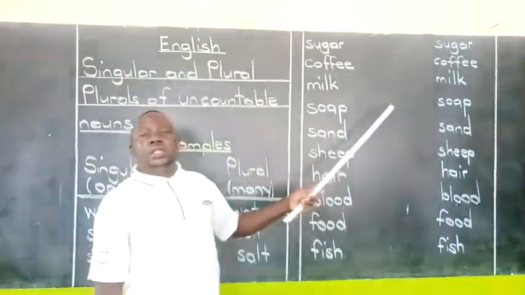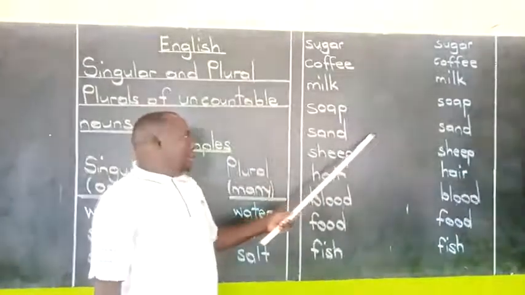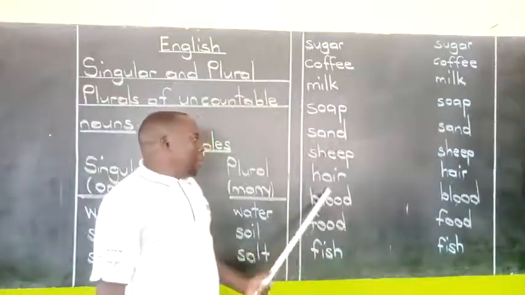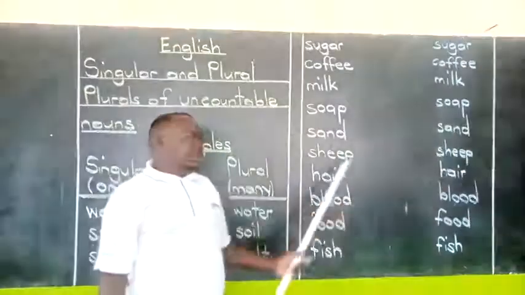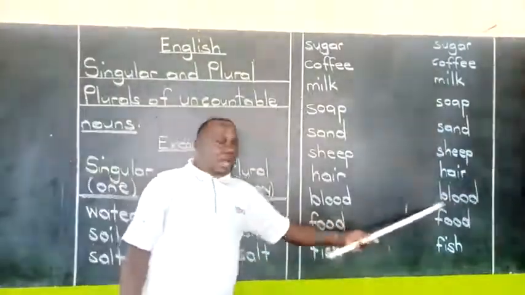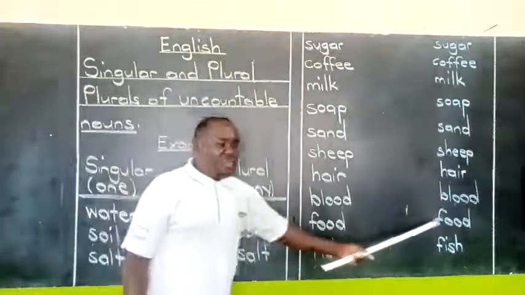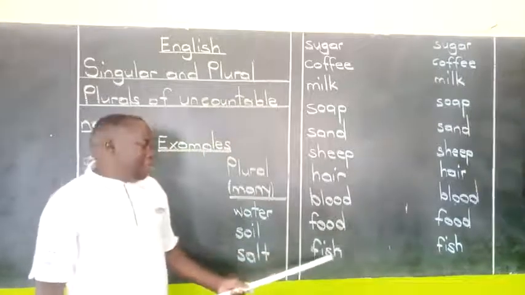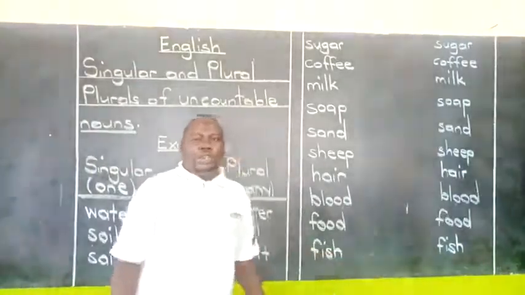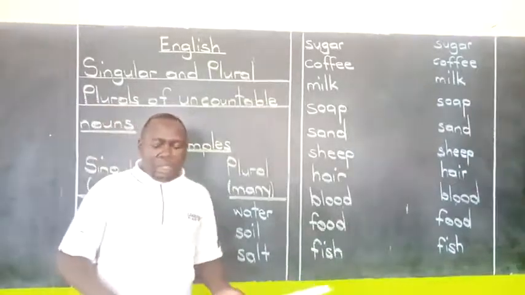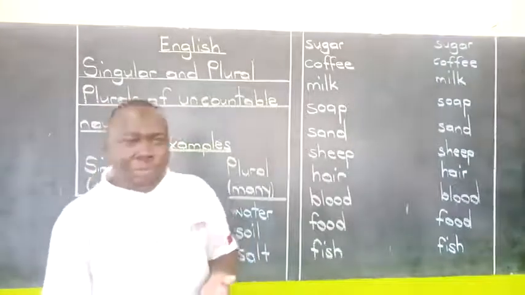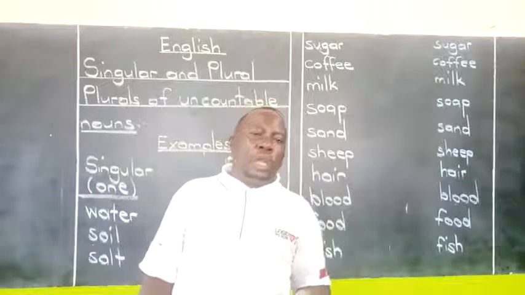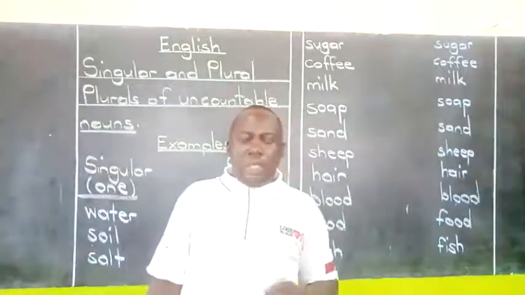Sheep remains sheep. Hair, hair. Blood, blood. Food, food can be measured in kilograms and grams. Fish, fish. And so many others that you can give. You can give more examples about the uncountable nouns.